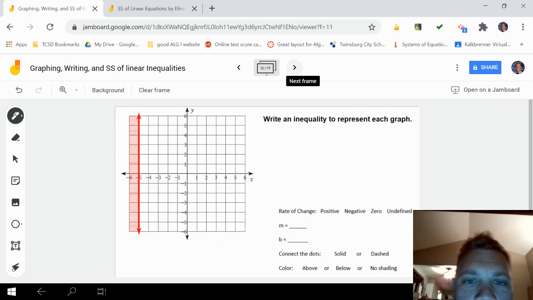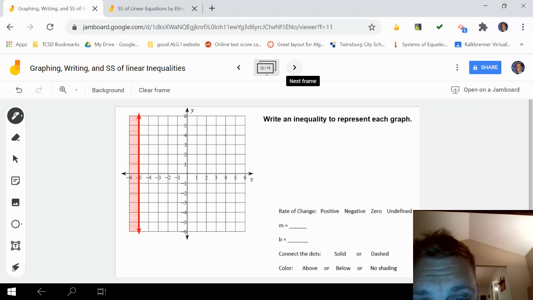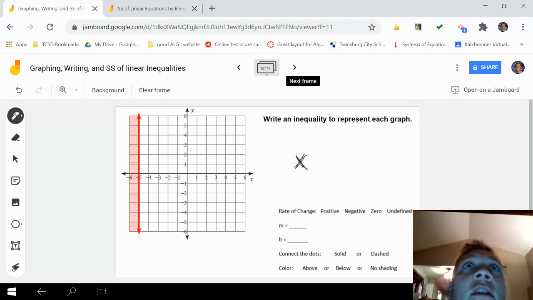All right. Here's a weird one. Why is it a weird one? Because we have a vertical line. That vertical line means x, right? Because this is not a function, and every other function starts with the letter y, which is x's best friend as far as the ordered pair goes. So now this is shaded to the left. If we say to the left, that means below.